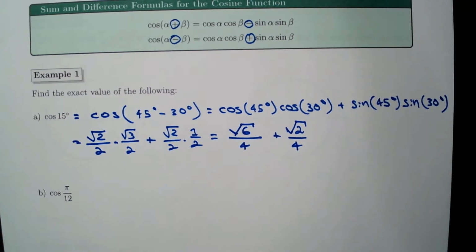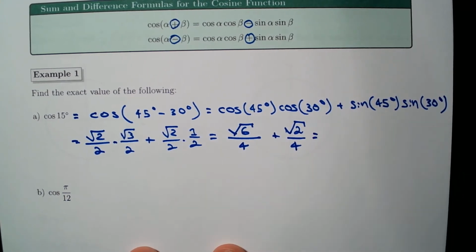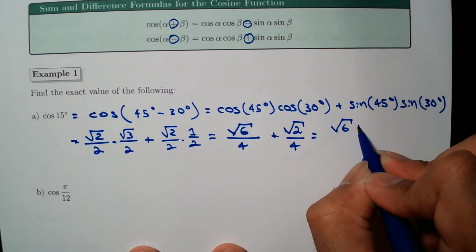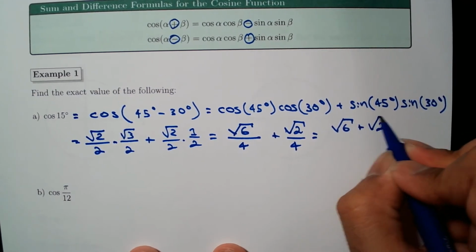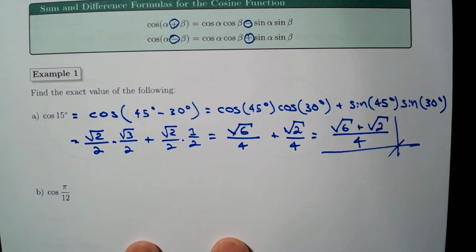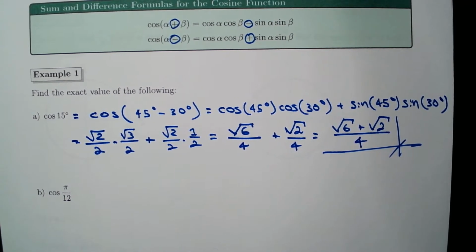And you might want to simply combine them: the square root of 6 plus the square root of 2, and then divide that by 4. Final answer. That's an example of how we use this cosine difference formula.